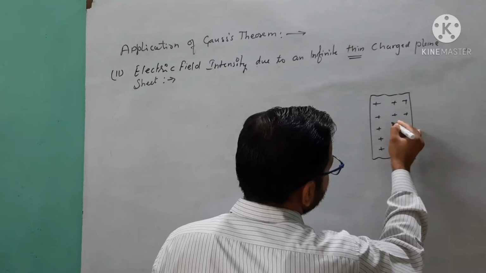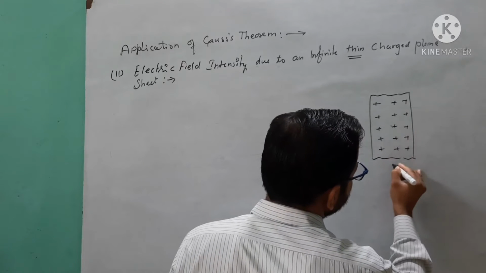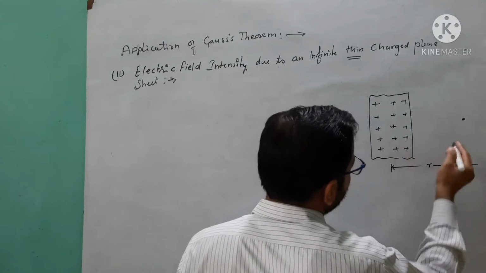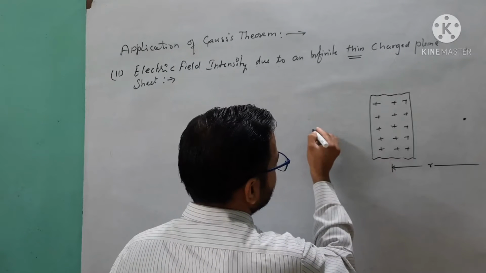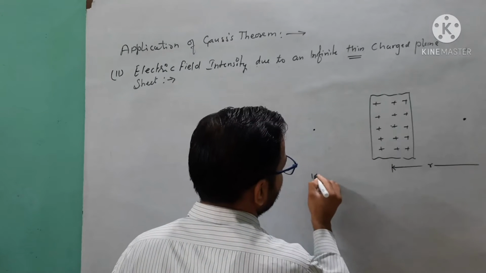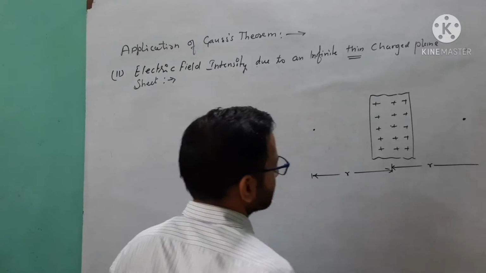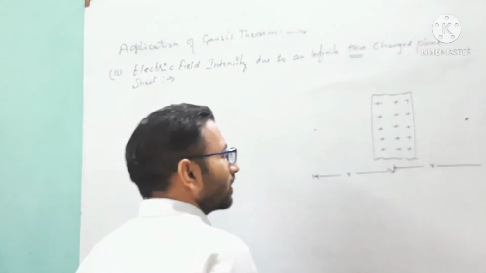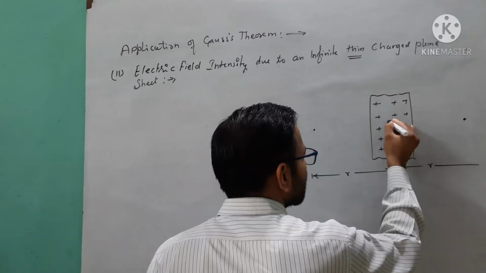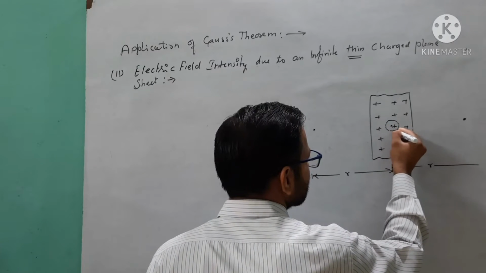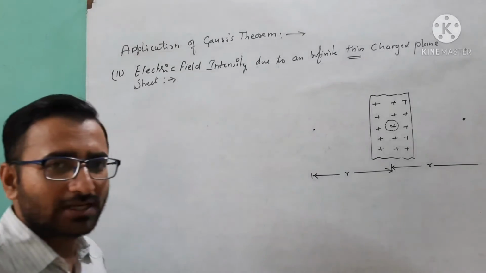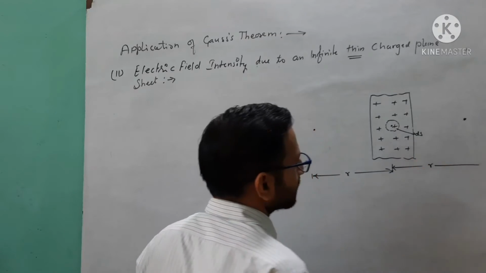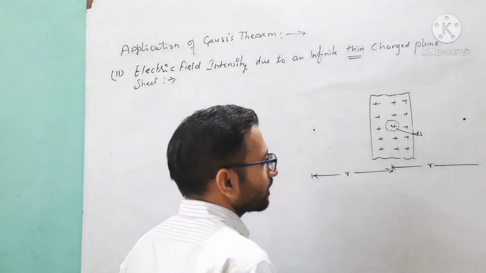For this, let us consider a point P at distance r from its center on the right hand side, and similarly another point Q on the left hand side at the same distance from the center, where we want to calculate the electric field intensity. In this sheet, let us suppose an elementary cross sectional area ds.